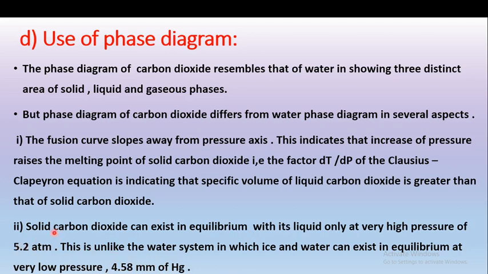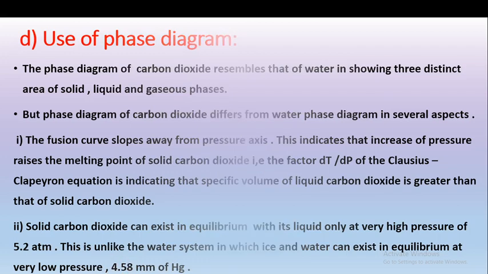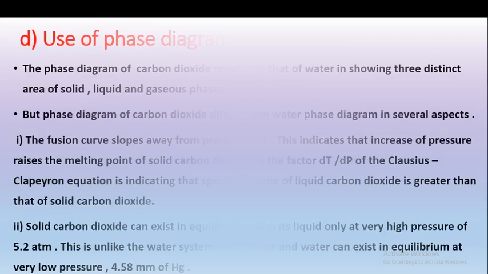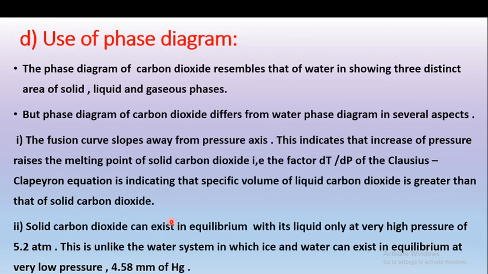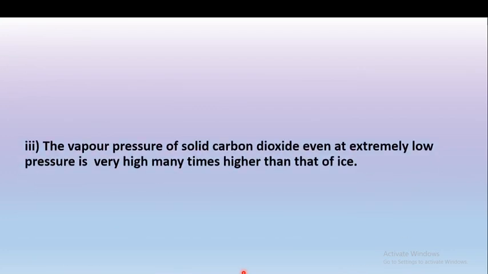But for solid carbon dioxide, the pressure is 5.2 atmosphere, which is very high. So these are the aspects in which the water system and carbon dioxide system are different from each other.